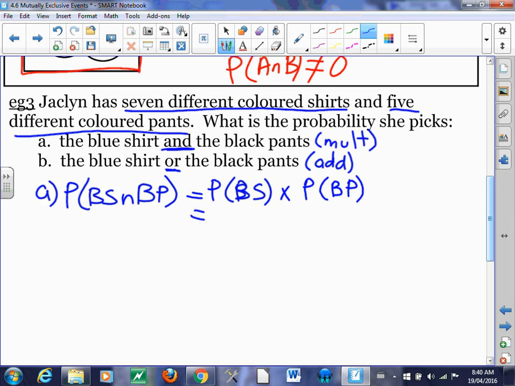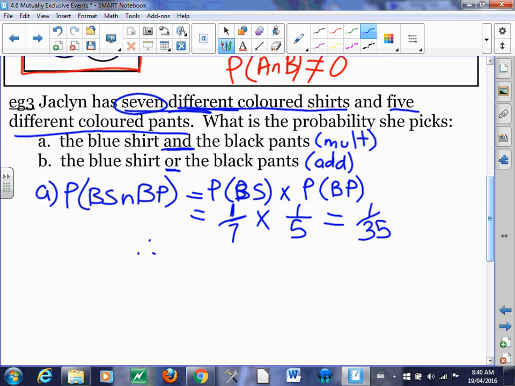Okay, so the probability of getting black is that she's got 1 out of how many different colored shirts? 7. Okay, so that's right up here. Because they're different, that means she's got all different colors. Times, let's take a look at her pants. She has 5 different colored pants, so 1/5. Okay, plug that in, or use your calculator, or use your brain, and that's 1 out of 35.